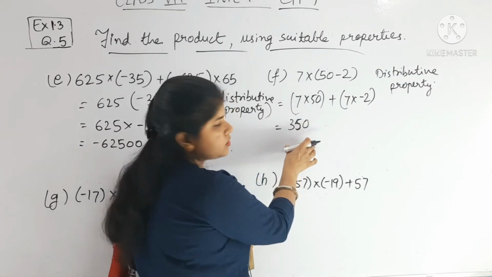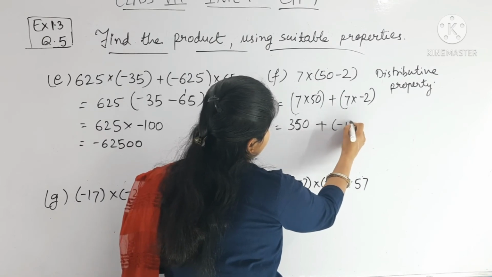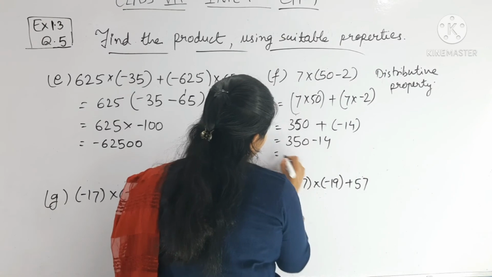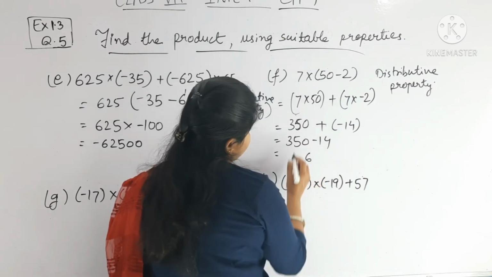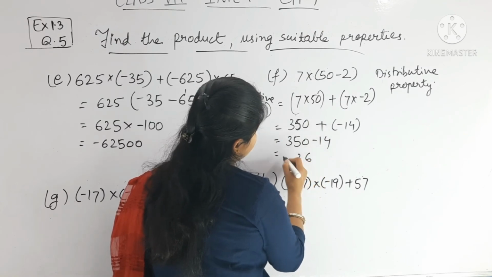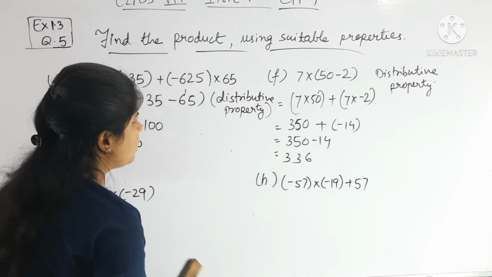So it is coming 350. Then plus 7 2s are 14, minus 14. So I am getting 350 minus 14. 10 minus 4 is 6. Here you have to cancel 5 as a 4. 4 minus 1 is 3. Here 336 is the answer of the F part.